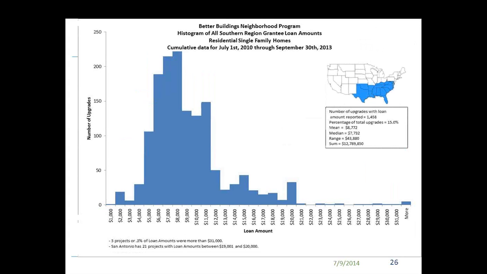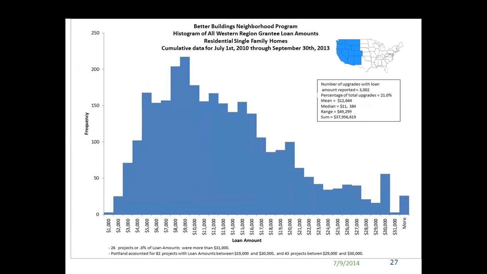Then the South is a little lower than the overall average, and volume as well. And then we have the West, which has quite a few loans, a lot of volume, and a higher average than the rest of the country. It looks like a lot of that is probably driven by some projects in the Portland area.